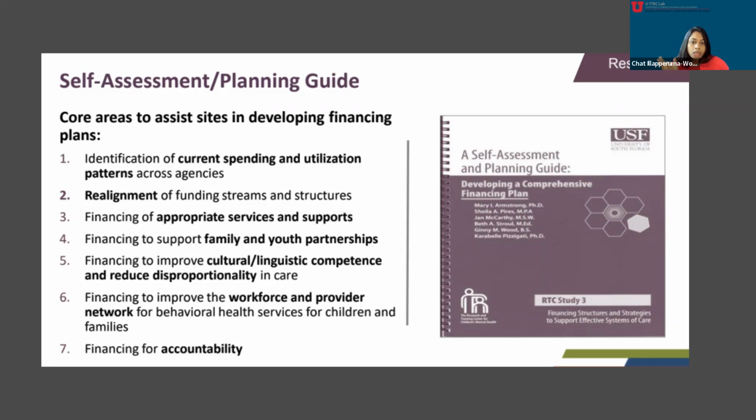It walks through developing a comprehensive finance plan and addresses, here you can see, 7 important areas to assist the financing system and the sites to develop a plan that works well for your school. I'll give you a minute to glance through, but again, like I mentioned, we'll touch on finance plans towards the end.